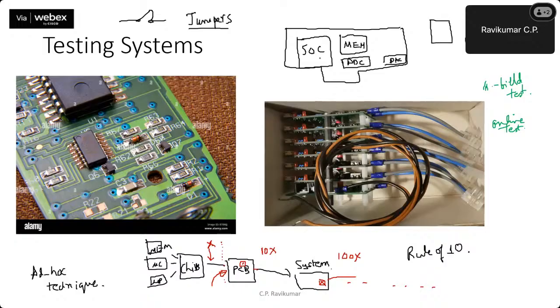There are two different chips that talk to one another, and here is a jumper wire. And if you remove this wire, then you can connect an instrument here to see what this circuit is producing. Suppose it was supposed to produce a sinusoidal wave here.